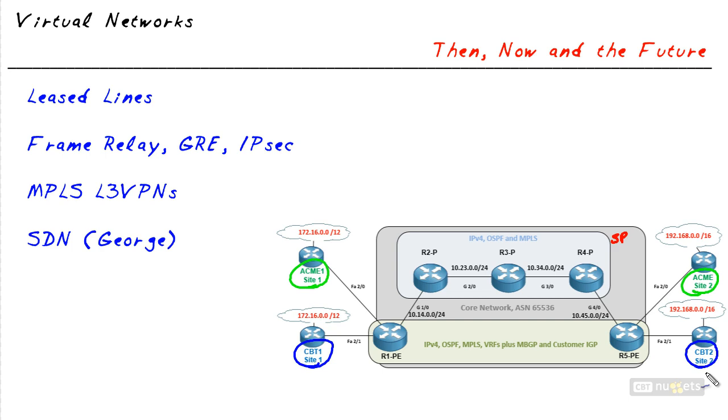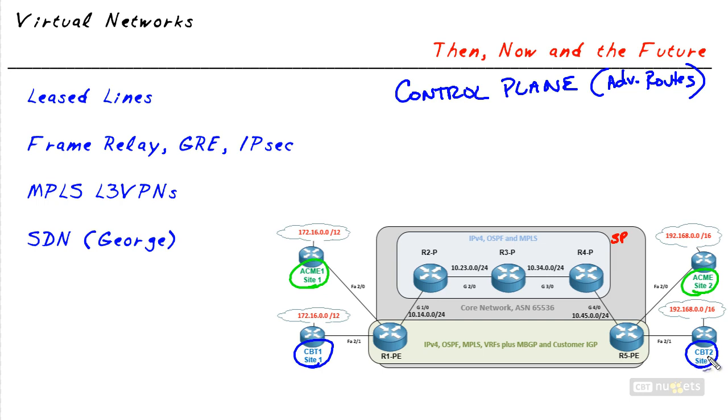Now, the trick is this. Any of the routes that Acme wants to have and advertise, we need to make sure we propagate those routes over to Acme Site 2. So we have to build the control plane to advertise routes. And let me ask you a question. What would happen if the 172.16 address space that Acme has, what would happen if we accidentally advertise those routes down to CBT, not the same customer, by accident?